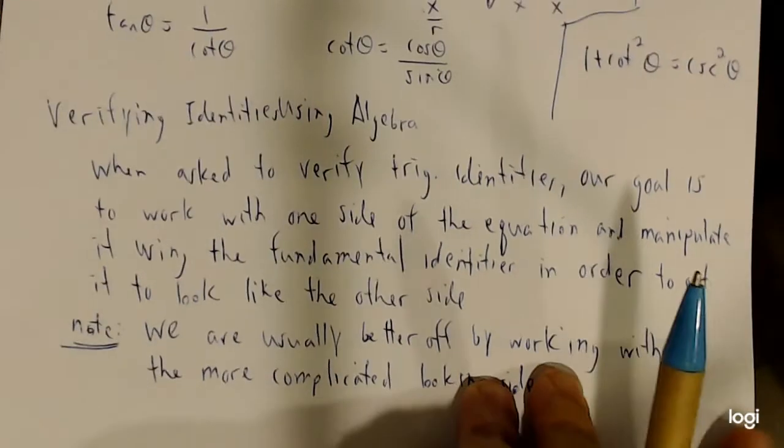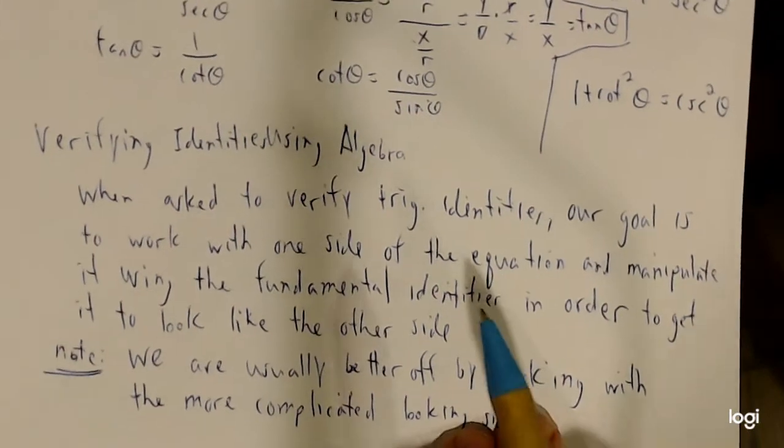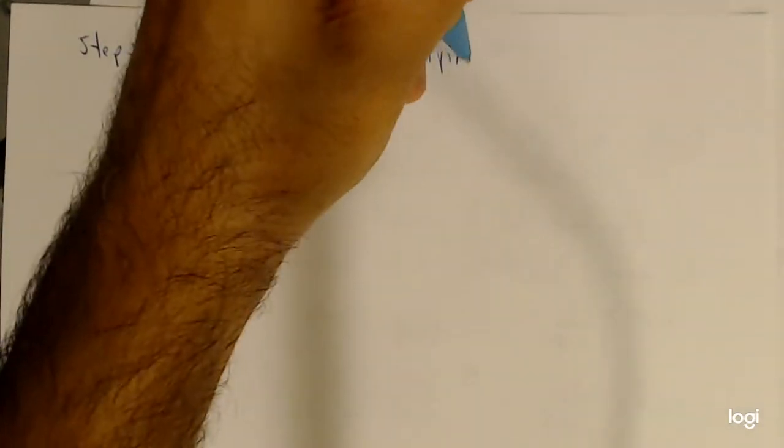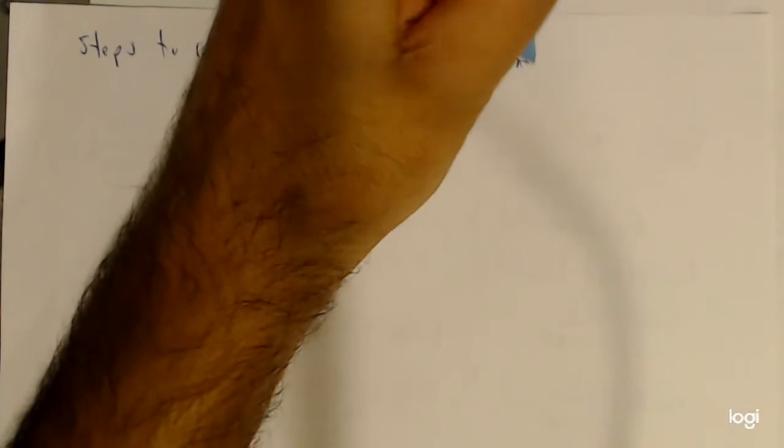Okay, so before we actually do some examples, let me give you some methods to consider. Here are some steps to consider when verifying identities. These have no specific order.